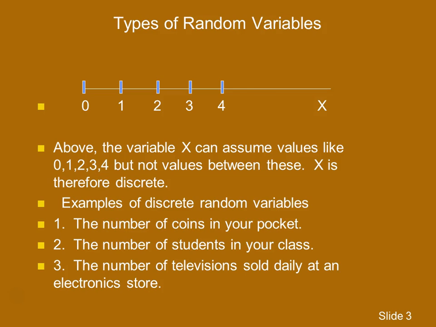If the variable could potentially go on and on, for example, the number of people who walk into a store in any given time period. It could go up into possibly the hundreds or thousands, depending on your time period. But again, it would still be a discrete variable, because only whole numbers would be outcomes of this variable.